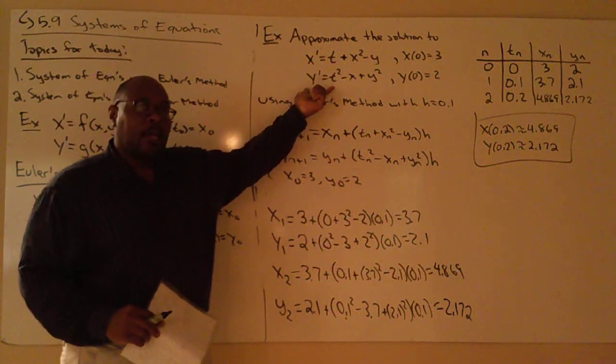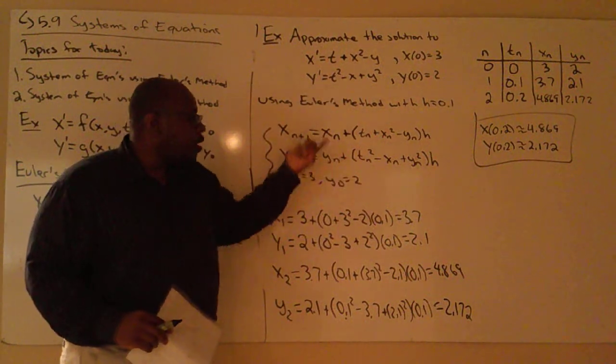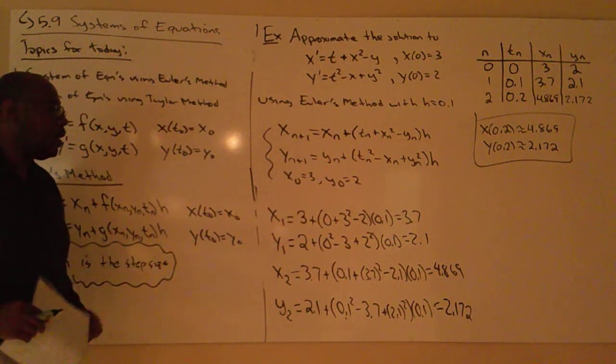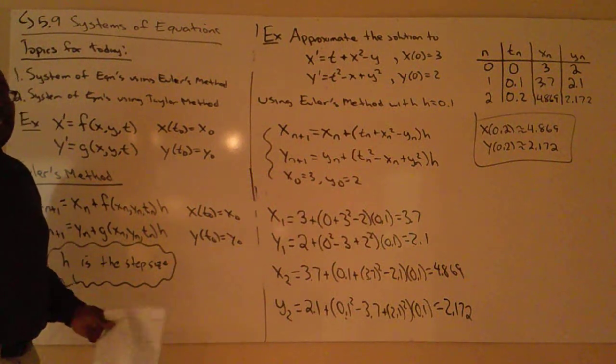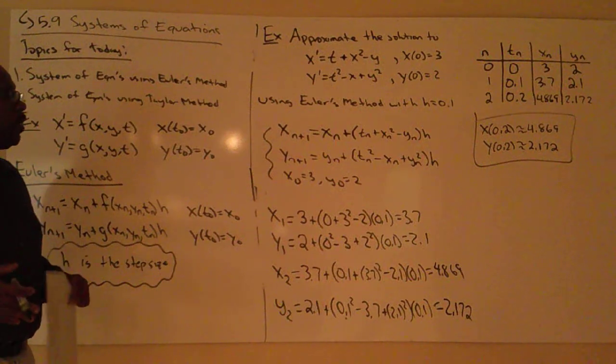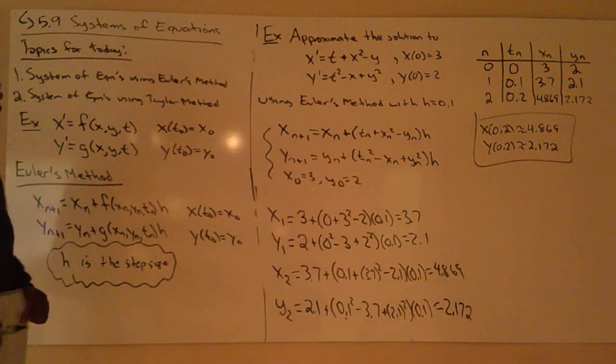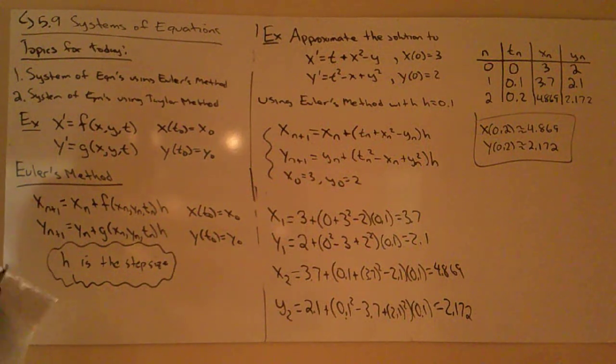Because we're using this numerical method, Euler's method, to approximate the solution, that's much easier for us to do. We get a better approximation by using either a smaller h or a different method, like Taylor's method of order 2, 4, 5 or 6.